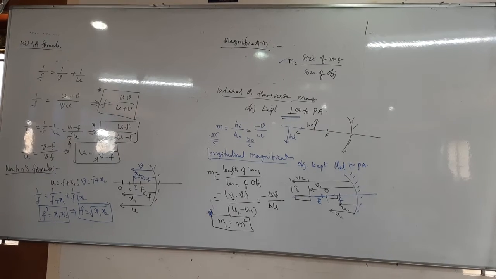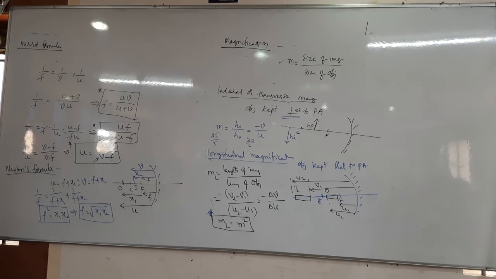Then next one is velocity. Velocity of image Vi when the object is moving with V naught perpendicular to principal axis.